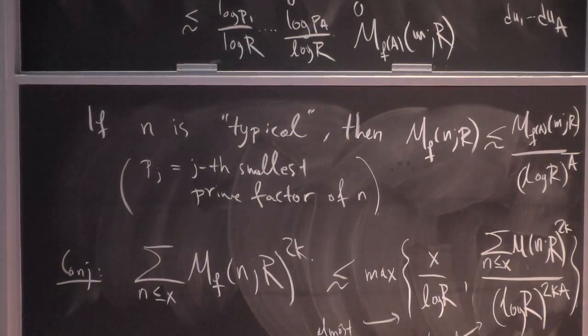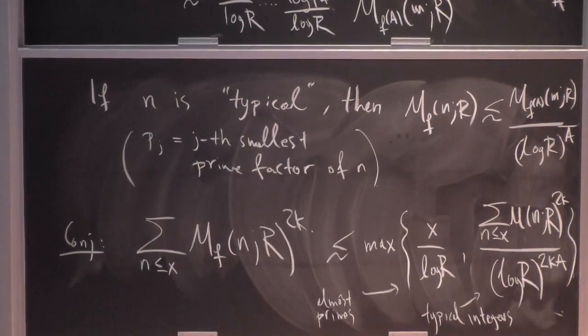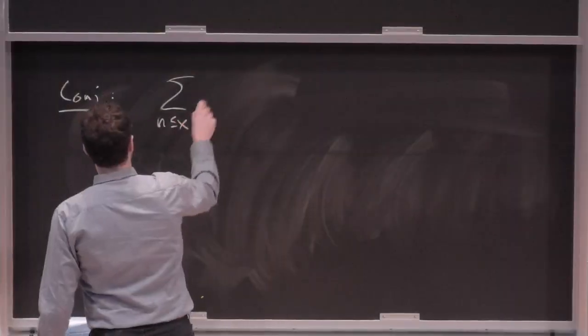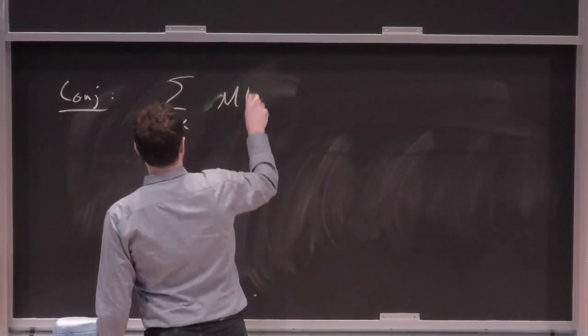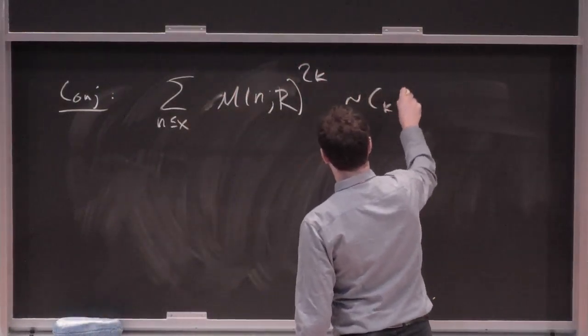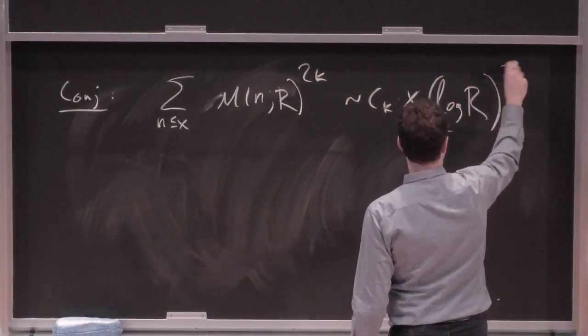Well, it depends on how big this sum is. And then there is, of course, this looks like a divisor sum, sort of. And so we can expect it to behave like a divisor function. And if it does behave like a divisor function, then it should have an asymptotic of the form some constant ck times x times log of r to an exponent, ek.